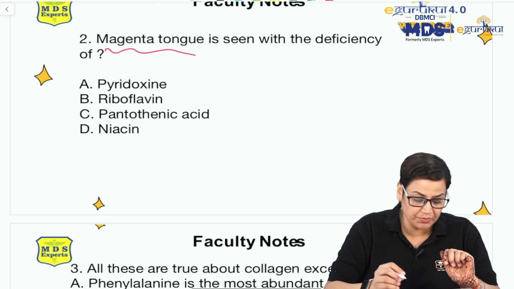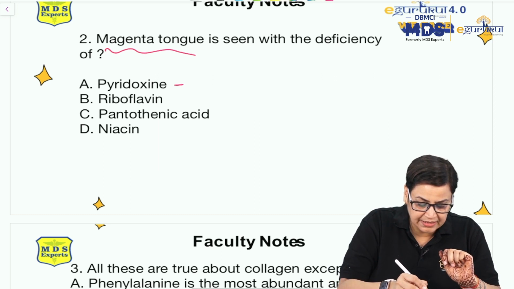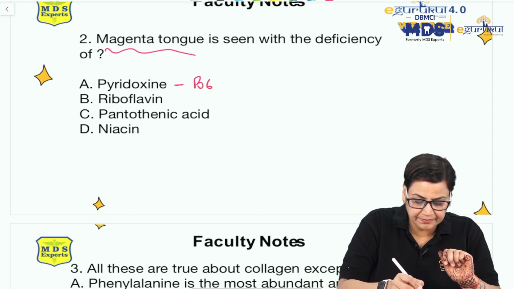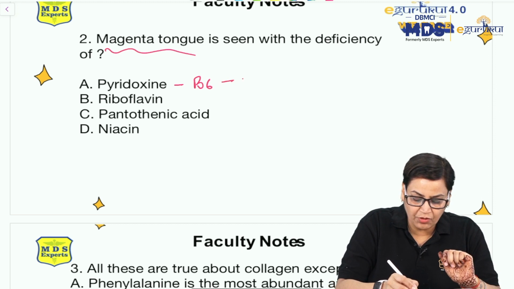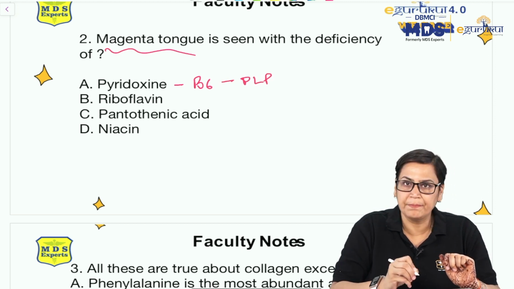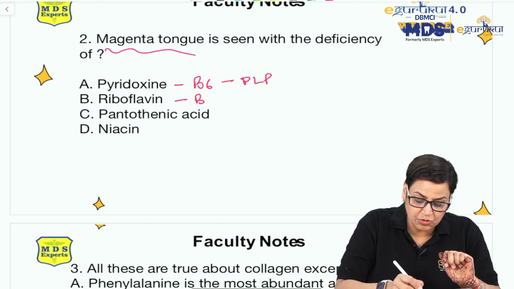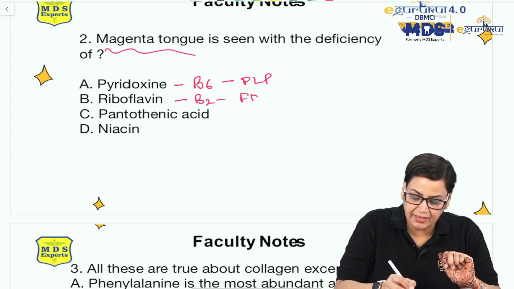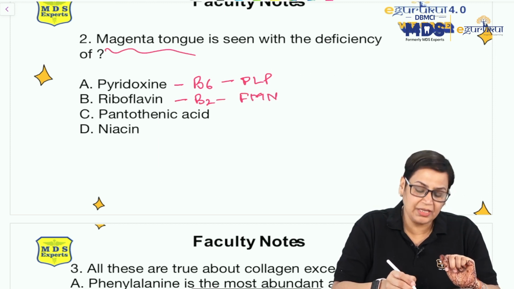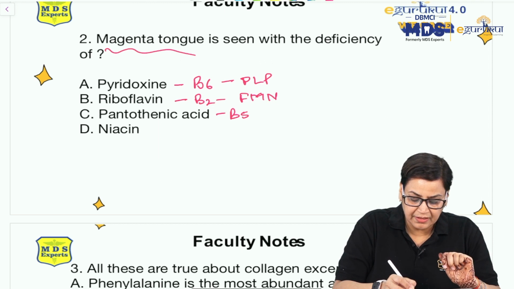Now coming on to the options, pyridoxine is simply B6. Active form of pyridoxine is PLP. Riboflavin is B2. Active form is FMN. Pantothenic acid is B5, whose active form is SH-CoA.